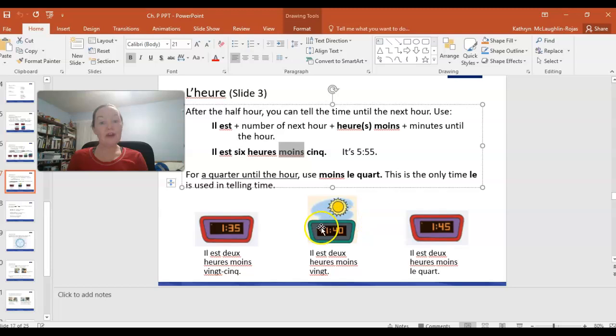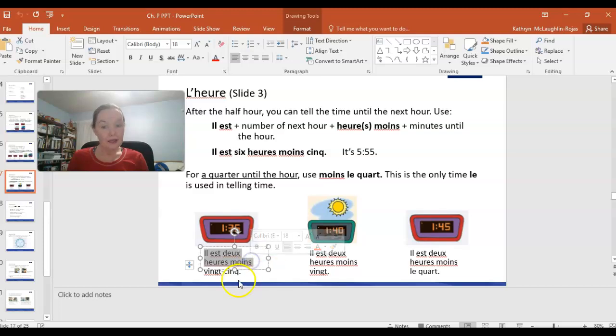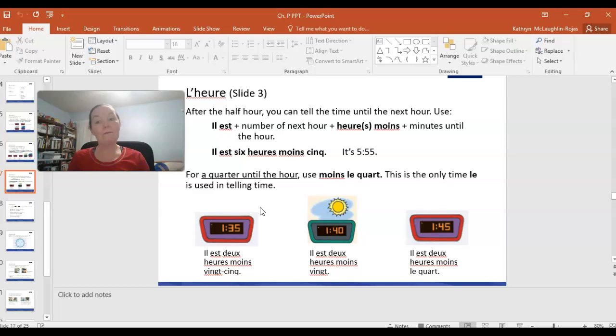Okay, so we see various examples here of how we can do this. Il est 2h moins 25. So it's like saying 2 o'clock minus 25 minutes, and that's 1:35. If you want to say 1:40, il est 2h, again, we're advancing to the next hour, moins 20.